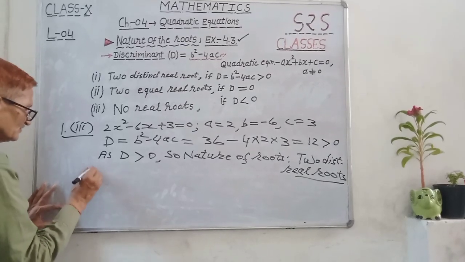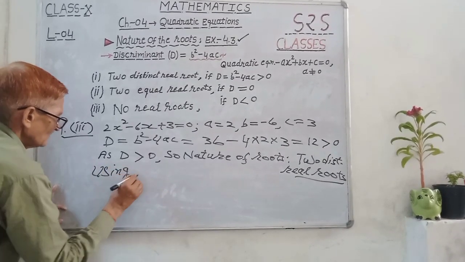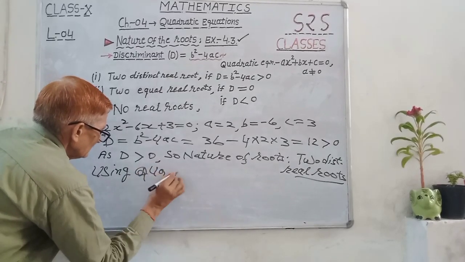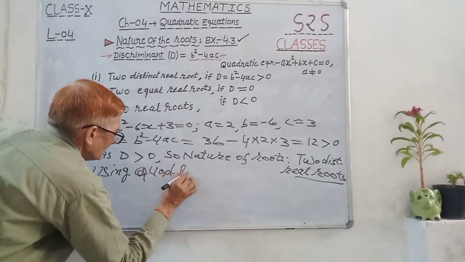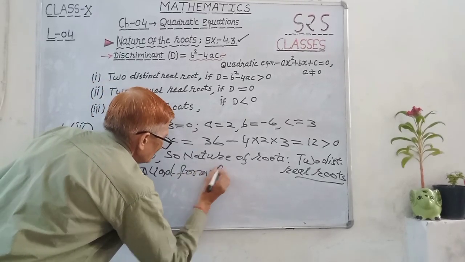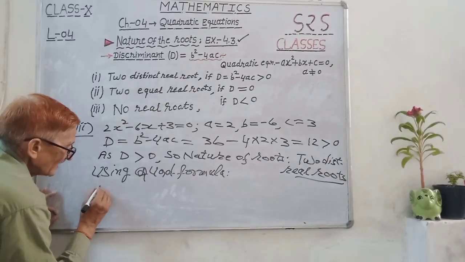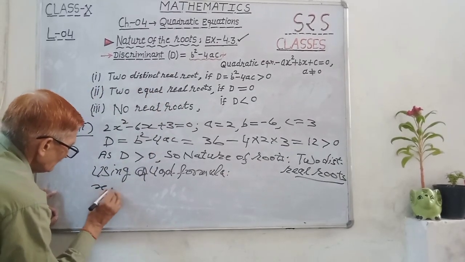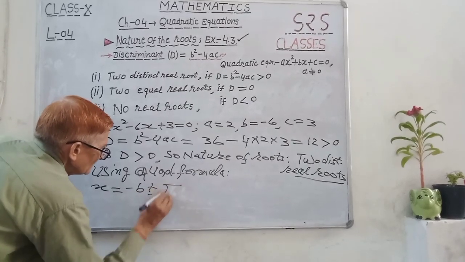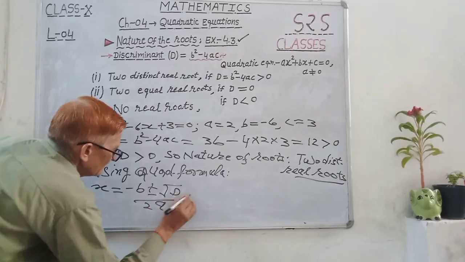Then the solution using the quadratic formula. What is the quadratic formula? x is equal to minus b plus minus root discriminant upon 2a.